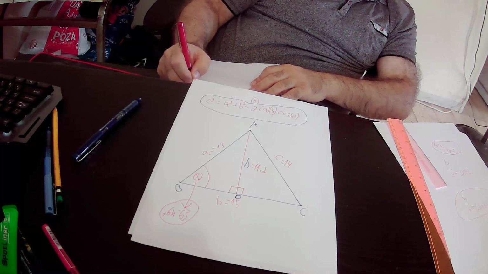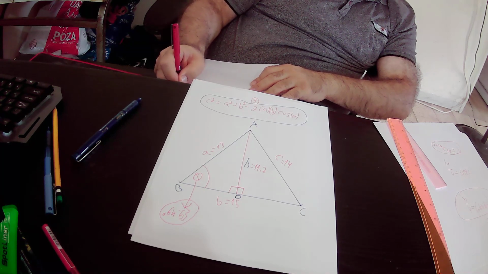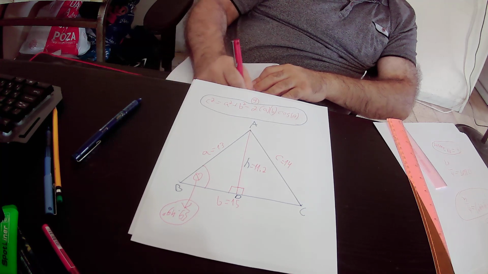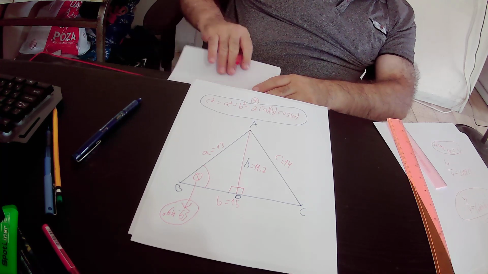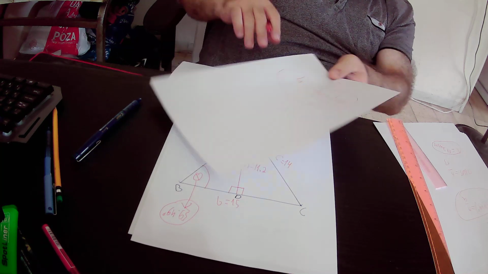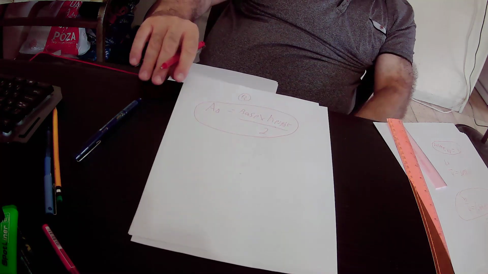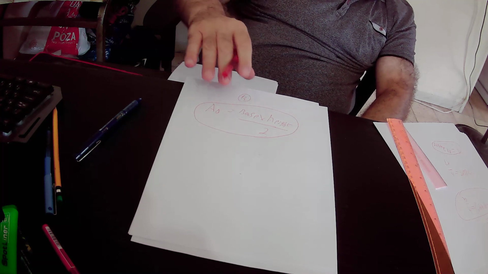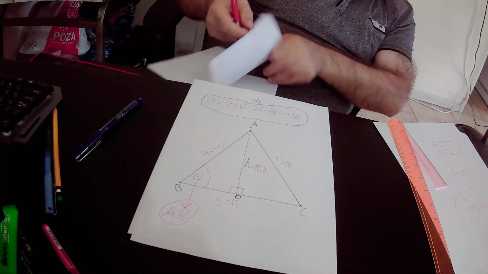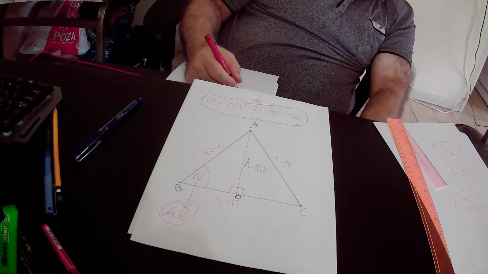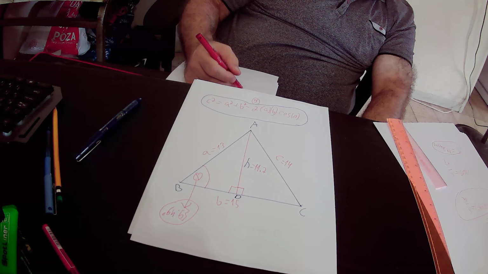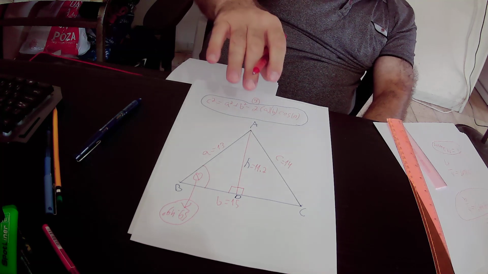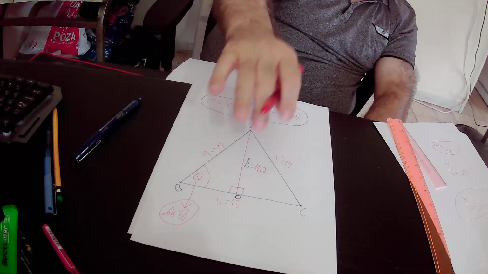And we can use this formula in order to find out the area of triangle ABC.